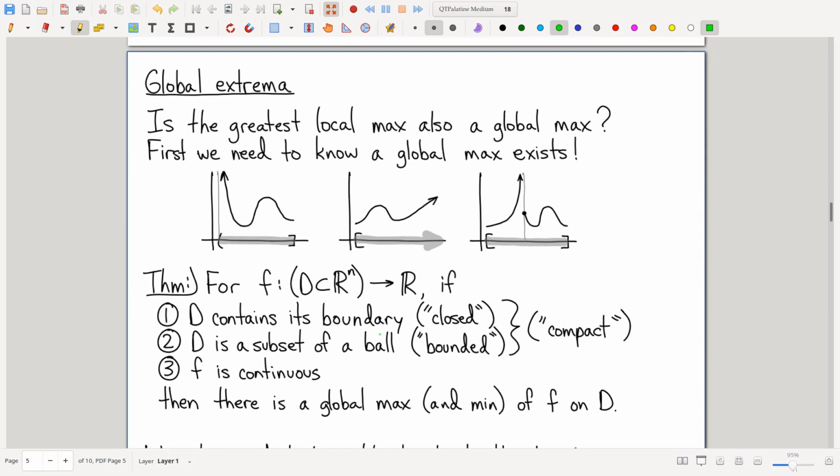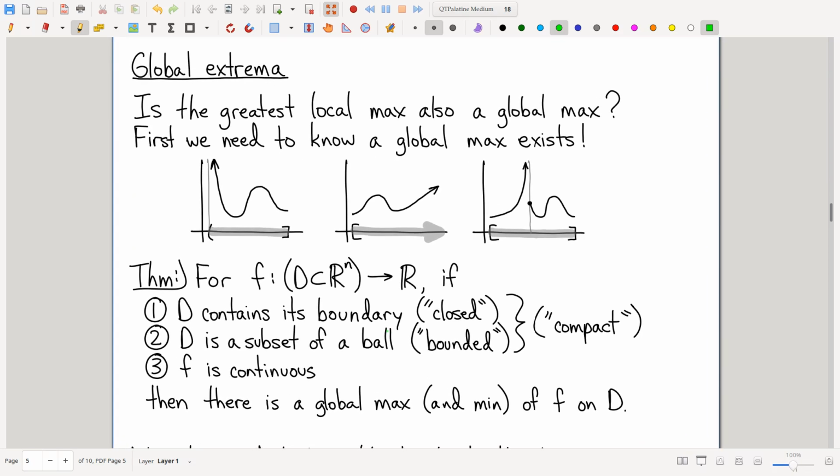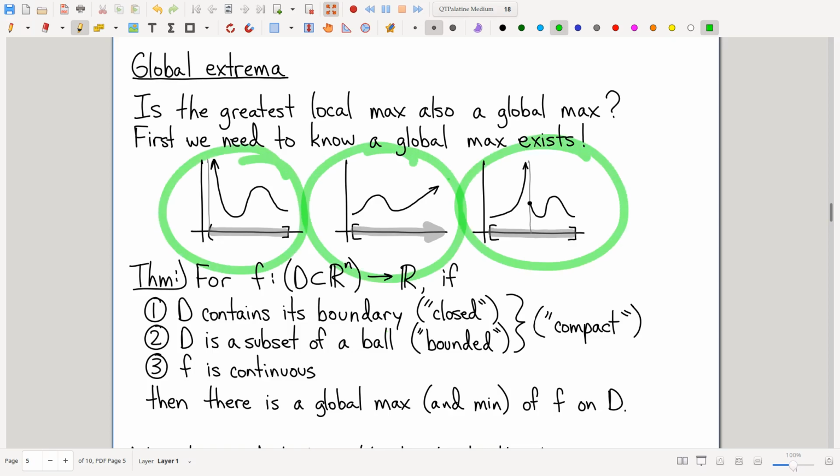Real quick, with global extrema. Now again, I don't want to spend a lot of time on this one either. But there is a deep question as to whether or not a local max that we may have found might also be a global max. Right? And in the single variable version, there are roughly 3 different ways in which a global max could fail to exist.